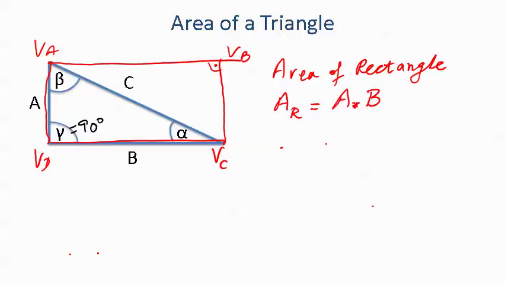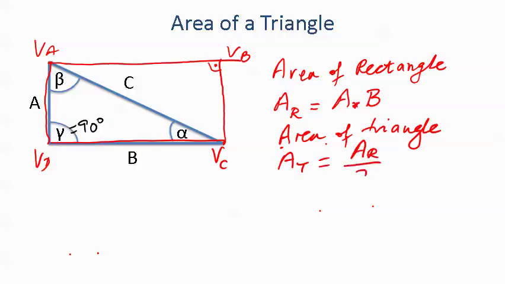But this rectangle is bisected, or split into two, by the hypotenuse line C. So if it's split into two, the area of the triangle, AT, will be equal to the area of the rectangle divided by 2, which is going to be the product of the perpendiculars divided by 2.